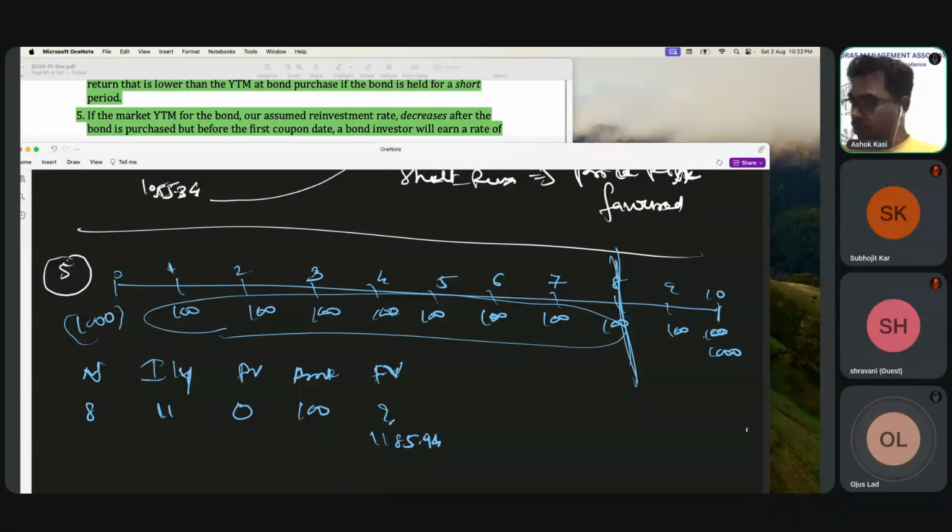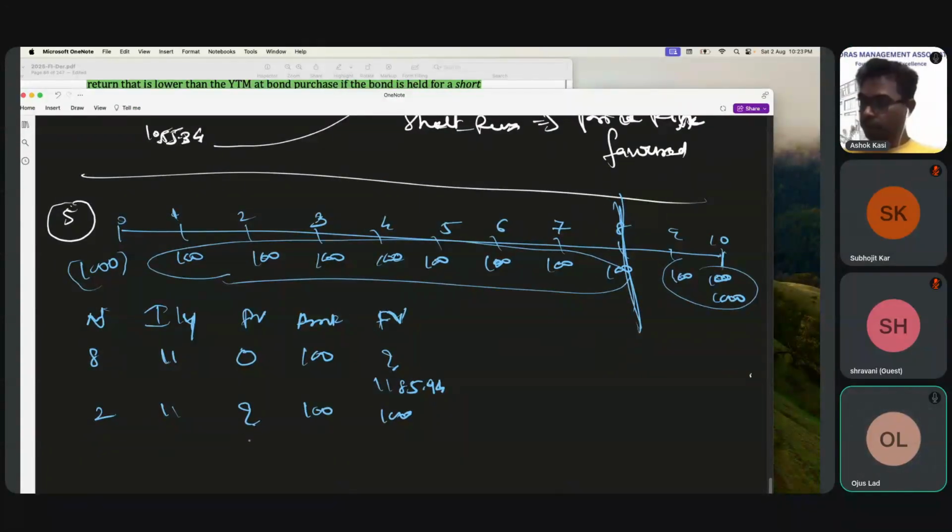Okay, now the present value of the bond. So that is 2 years at 11 percent. Present value we have to calculate. Payment is 100, future value 1000. Calculate. 982.87.